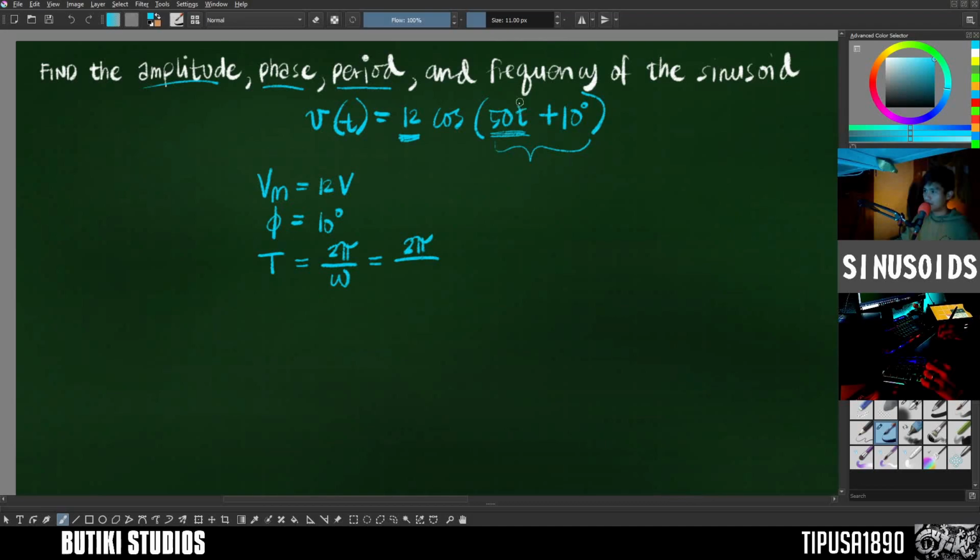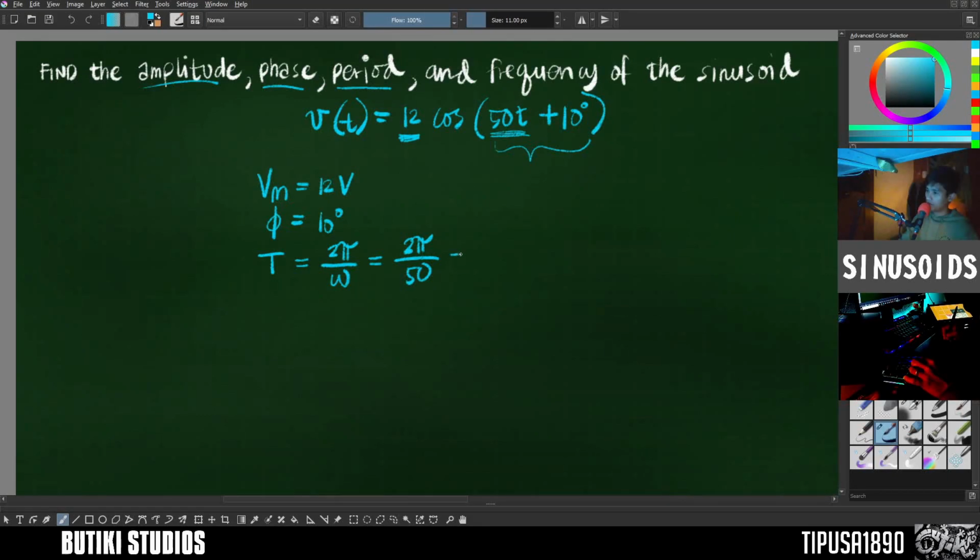Here, since we have time, the angular velocity is in radians per second, and time is in seconds. The concern here is what the period is. The formula uses the angular velocity. 50 is your angular velocity, or angular frequency.